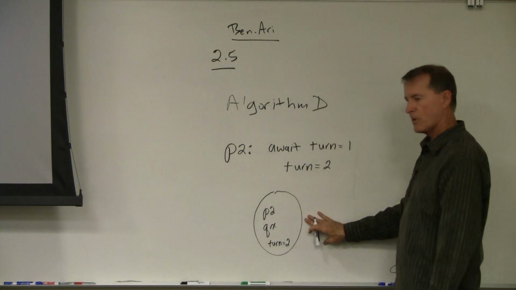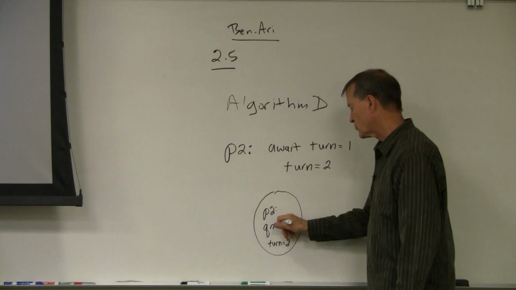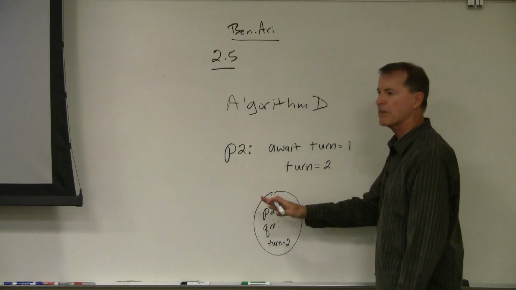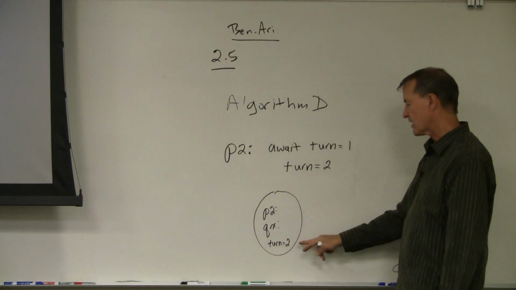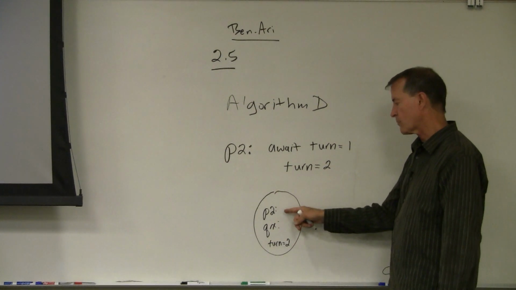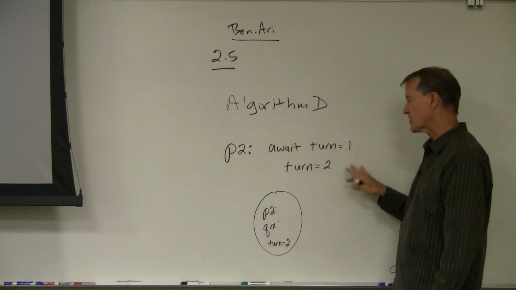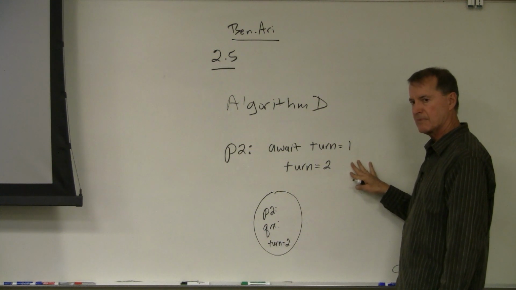This represents the state of a state transition diagram, and we have to choose either between P2 or QX. What we're saying is that if turn equals 2, you're prevented from picking P2. You have to pick QX, the other one. That's what this await statement means.